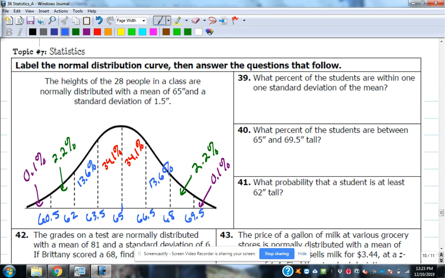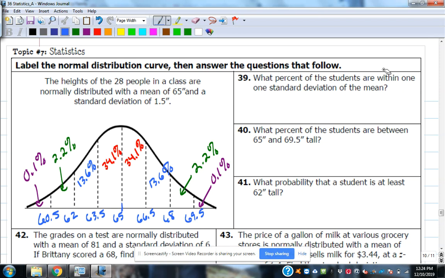Because this data is normally distributed, we know that 0.1% of the 28 people are taller than 69.5 inches. We know that 68.2% of the people have a height between 63.5 inches and 66.5 inches. Let's look at these questions.